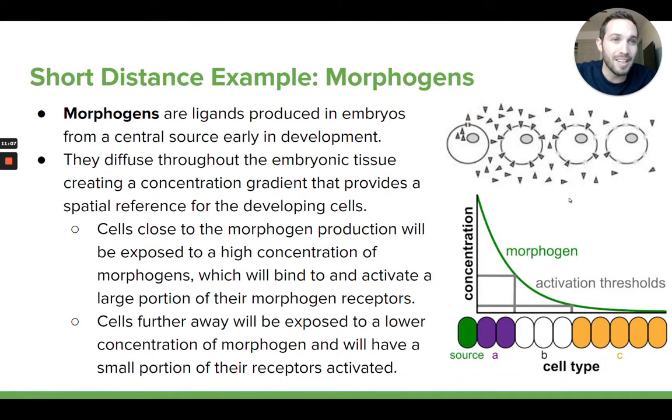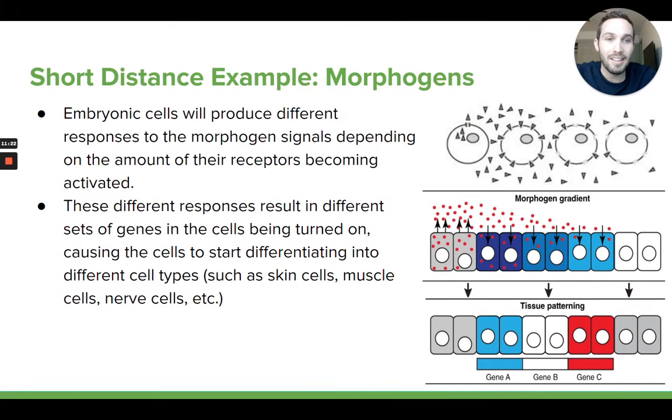In this case, it's different sets of genes turning on, so that the cells can start differentiating into different types of cells, so we can actually move along through development and start forming an offspring here. So that's the morphogen example, and this is another good picture that kind of summarizes how these cells are going to respond differently depending on the concentration of the signaling molecule that they're exposed to.